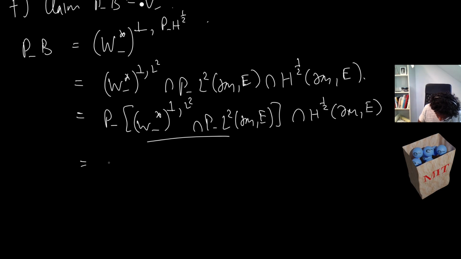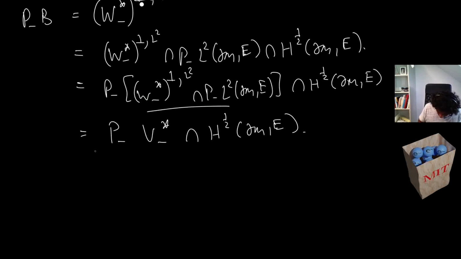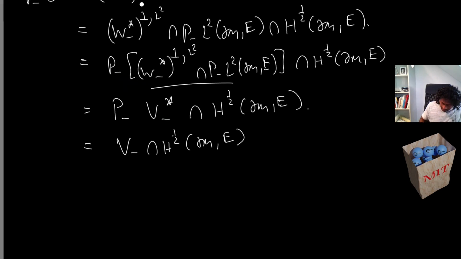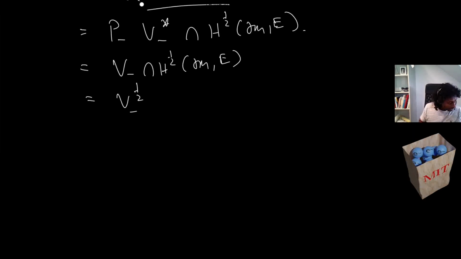So this is equal to P minus V minus star intersect H a half. But that was the definition of the space V minus. So this is V minus intersect H a half, and that precisely is the definition of V minus a half. So that ends that.